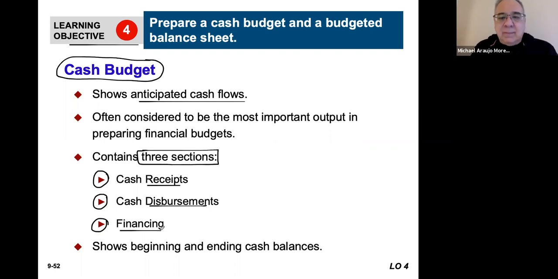Okay. And that's your financing section. If, for instance, we're borrowing in one quarter, we're probably paying it back in the next quarter. These borrowings tend to be very short term when we're covering cash budget shortfalls. And the cash budget, of course, shows your beginning cash and your ending cash. Okay. And that ending cash, of course, as you know, is going to end up on the balance sheet.